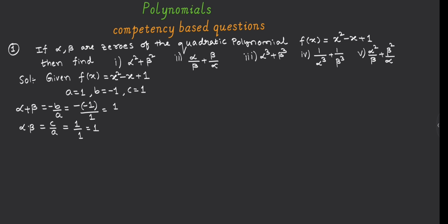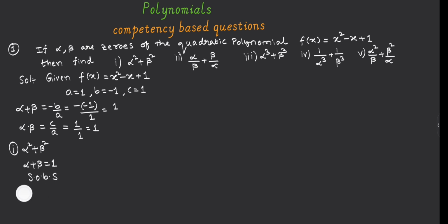After getting these two, now let us find the first one. We have to get the value of alpha square plus beta square. To find this, let us take the sum of zeros. We know that alpha plus beta is equal to 1. Then we do squaring on both sides.